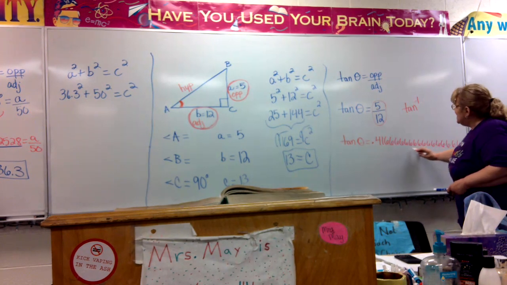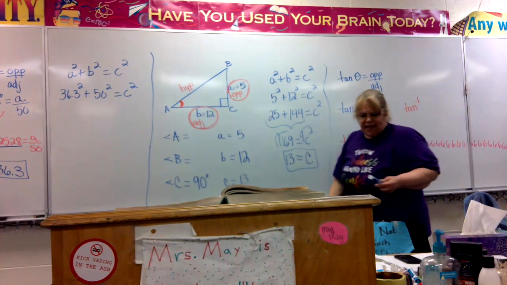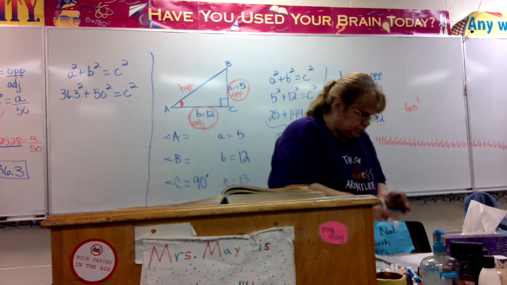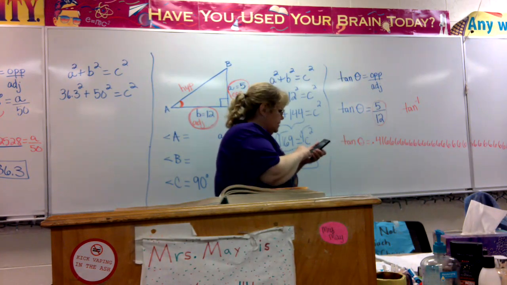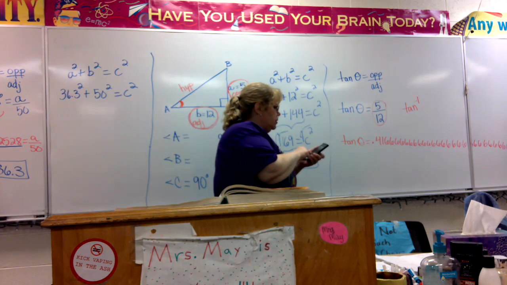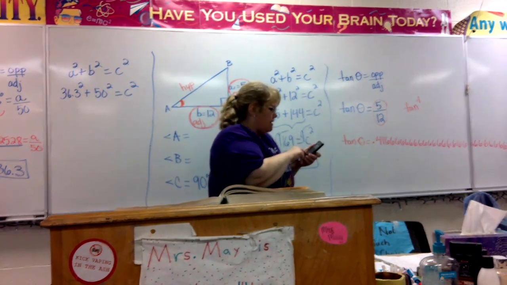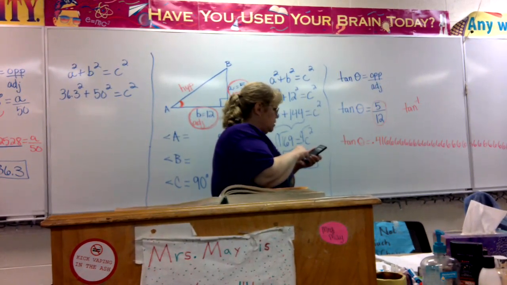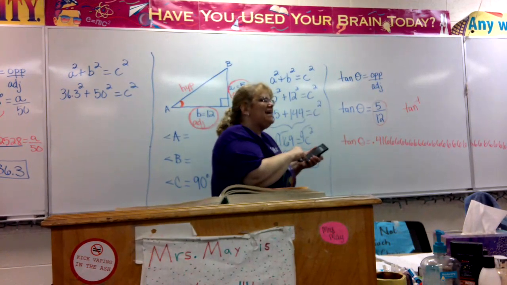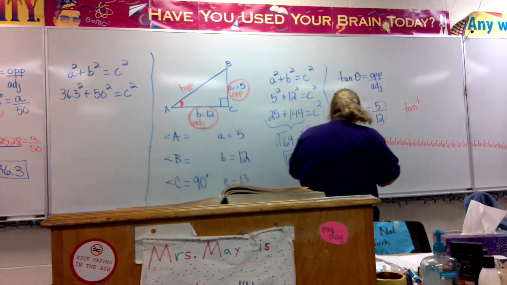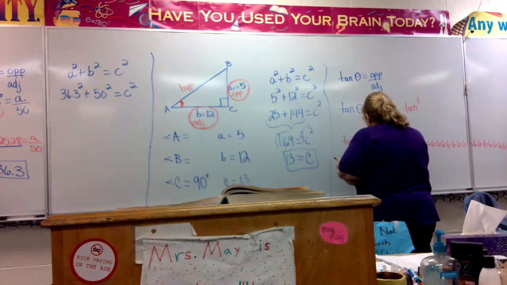So type in inverse tangent 0.41. It's going to take me a while to type these 6's in forever. Mine is shift, so shift or second, and I get something like this.